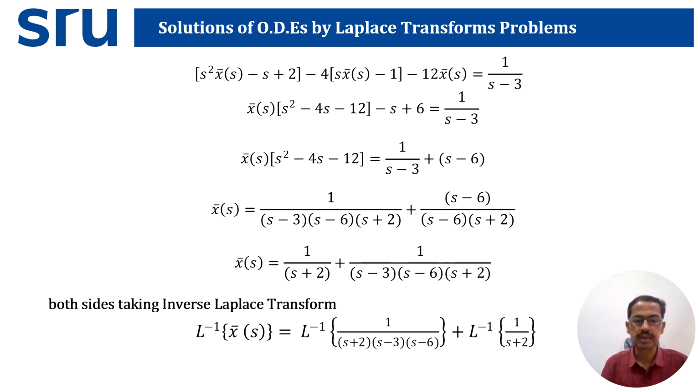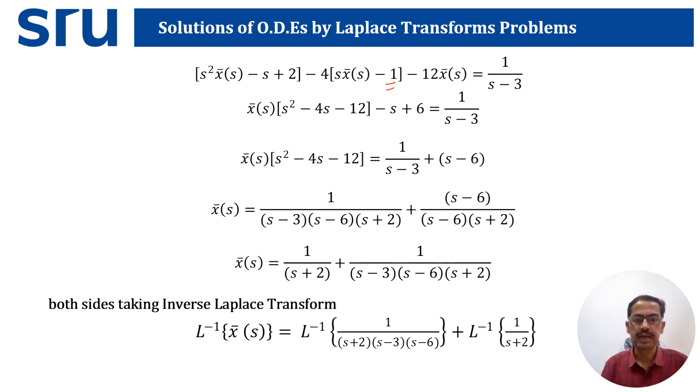Just write it down here and simplify. Here is s square x bar of s minus s plus 2, minus 4 times s x bar of s minus 1, minus 12 x bar of s, equal to 1 by s minus 3, the Laplace transform of e to the power of 3t.